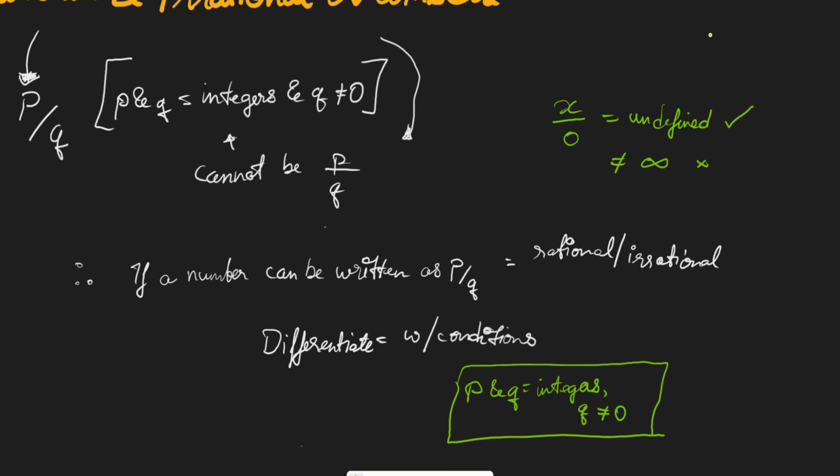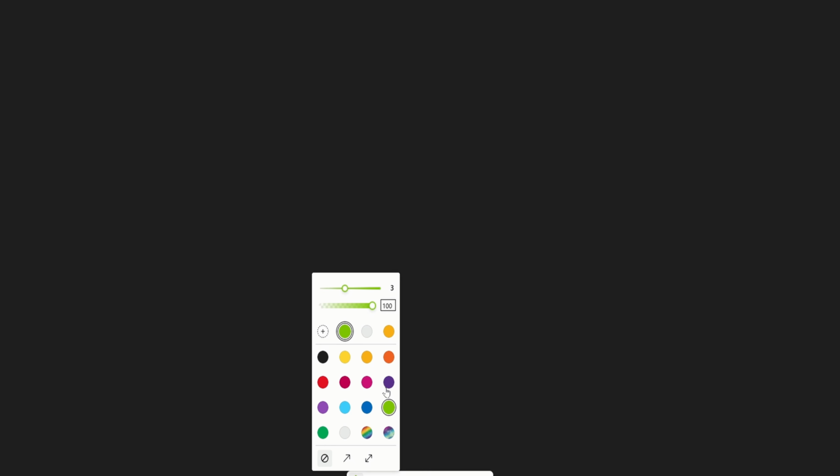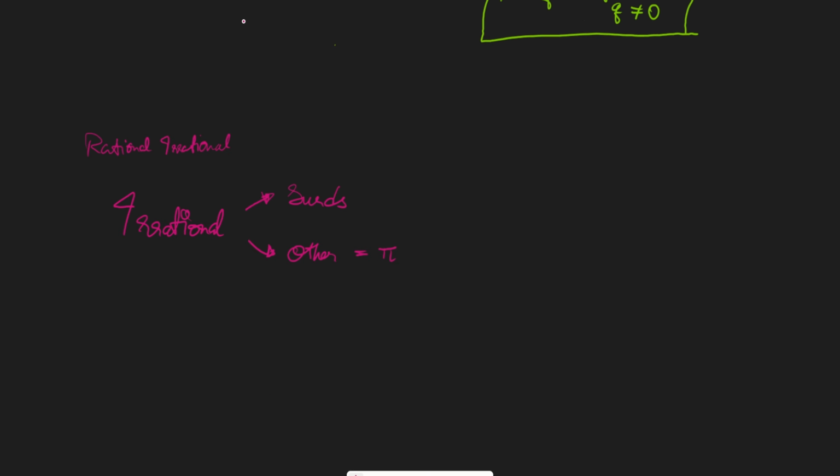Now we're going to look at the two forms of irrational numbers. So when you talk about irrational numbers, you have surds and other irrational numbers. Your other irrational numbers include things like pi. i is an imaginary number, it's not even a real number. Rational and irrational come under real numbers.